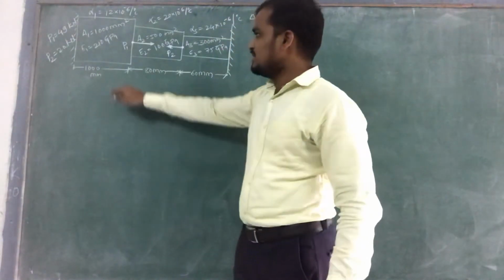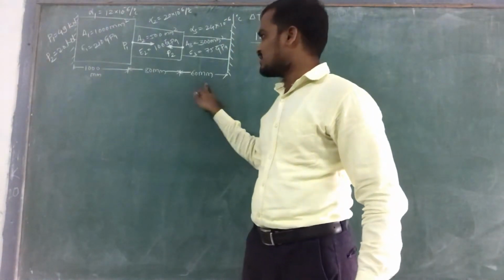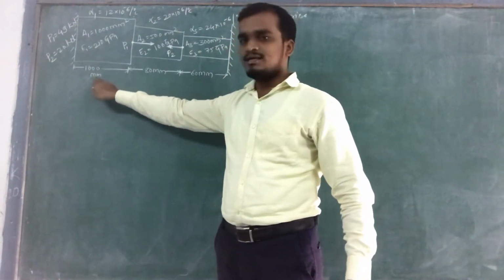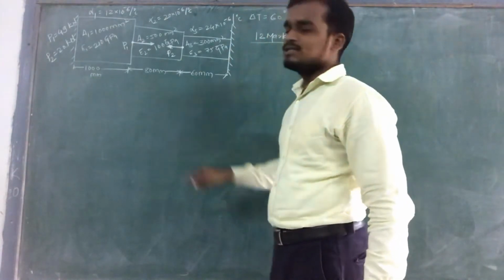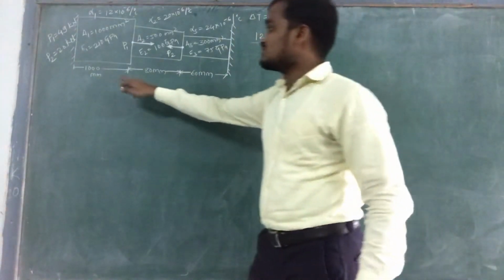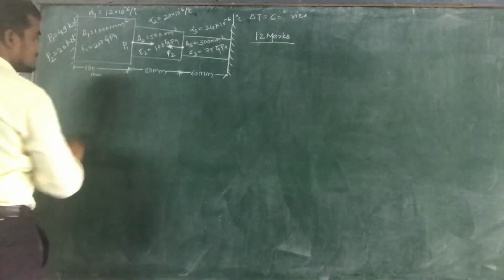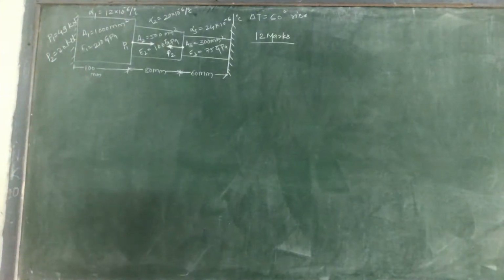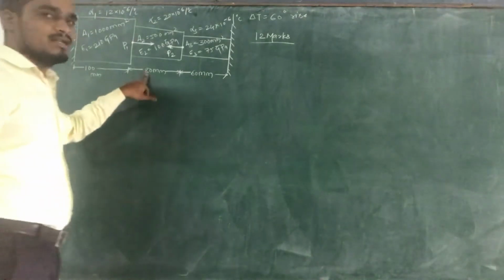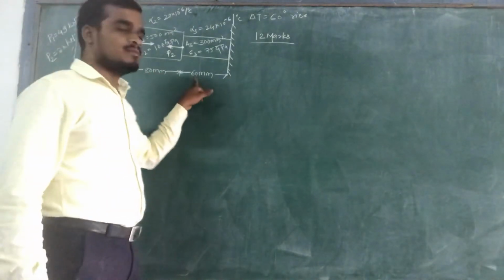Similarly, the lengths of the three elements are given. For the first element the length is 100 mm, for the second element it is 80 mm and for the third element it is 60 mm.